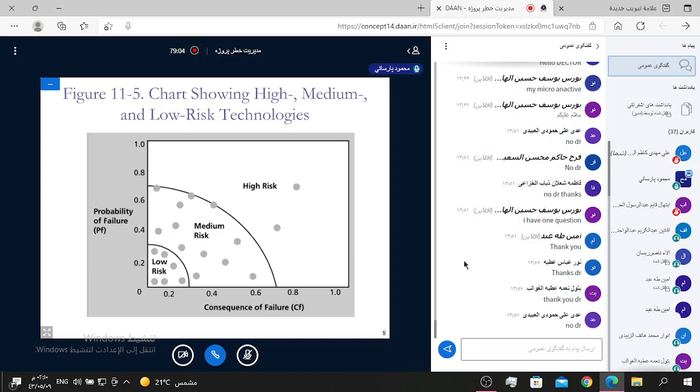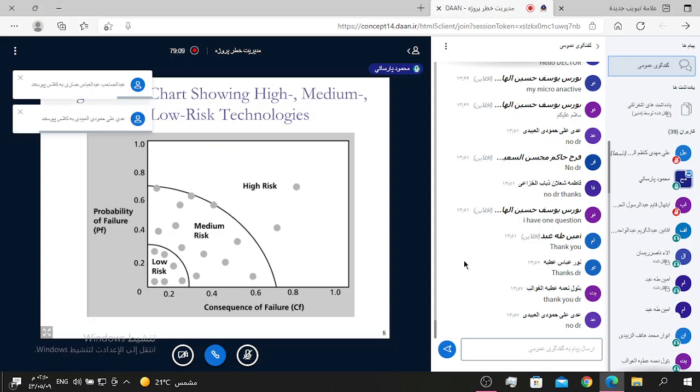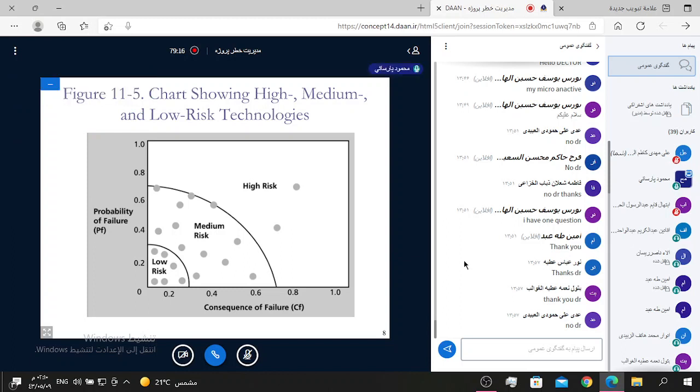And about the risk, we can use this chart for determining the level of the risk or the risk number. The circles or points in the chart, the dark points, are some risks with a determined probability and a determined effect in our project.